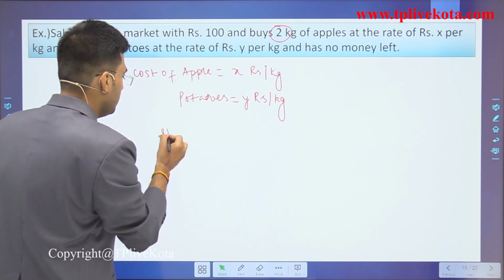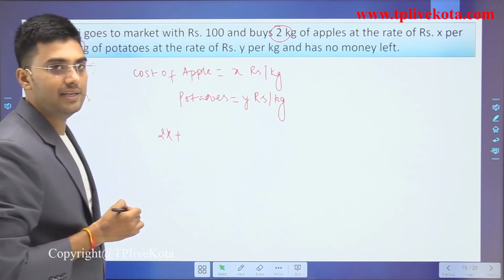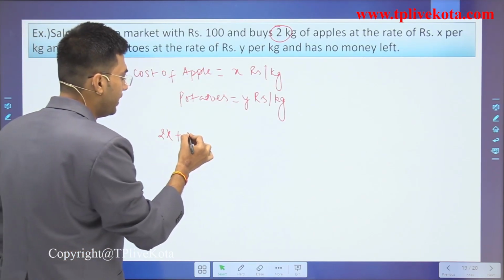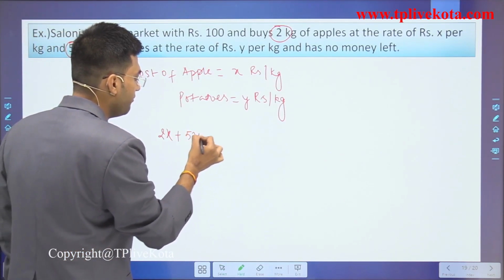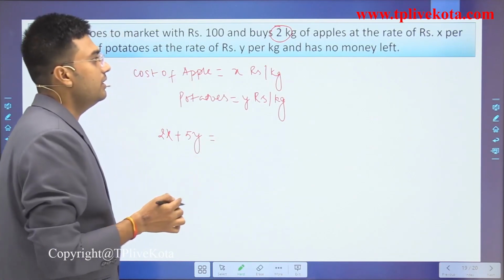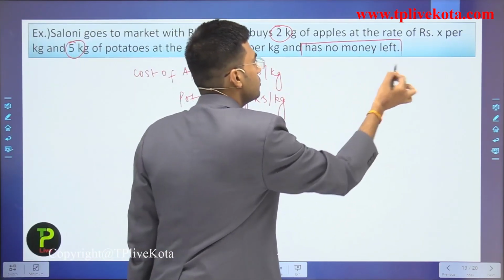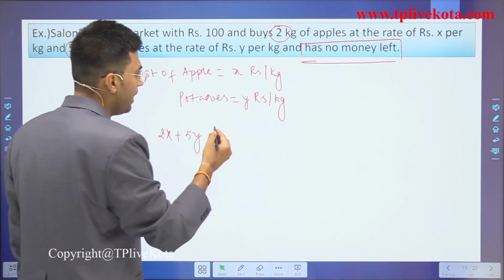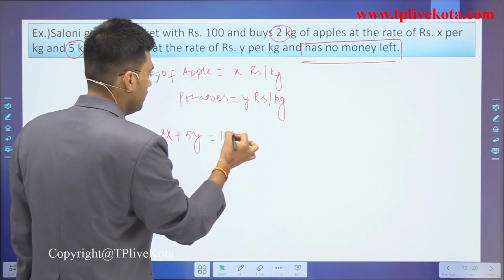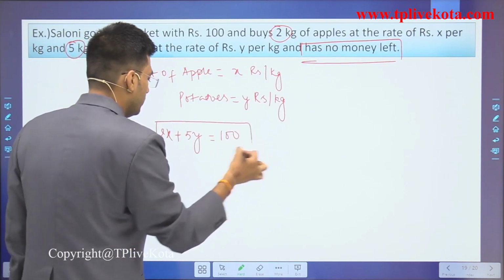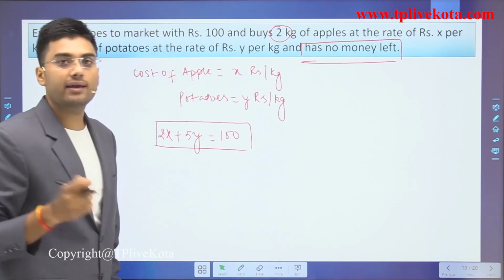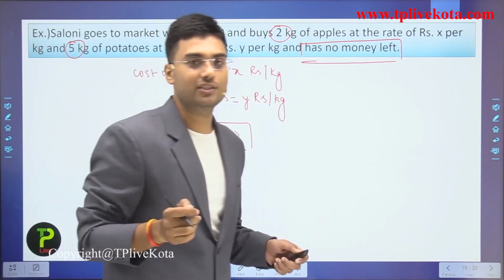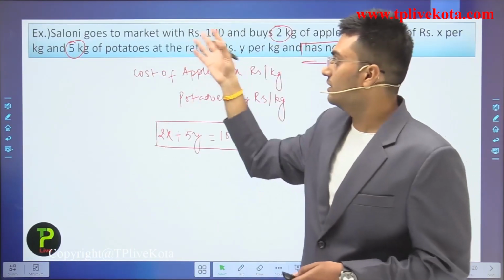So the cost of 2 kg apple is 2x and the cost of 5 kg potato is 5y, and because she has no money left, it means she spent all the amount which she had, so it is equal to 100. So 2x plus 5y is equal to 100 is the equation for this information.